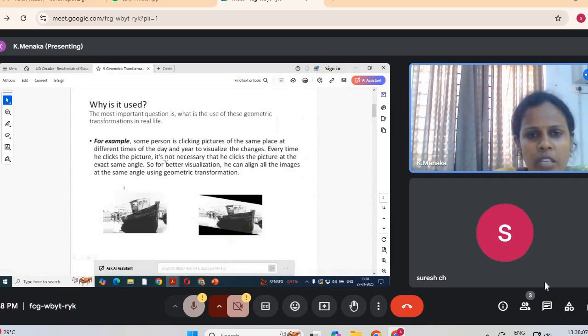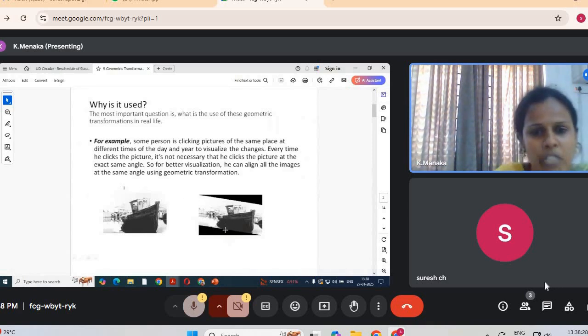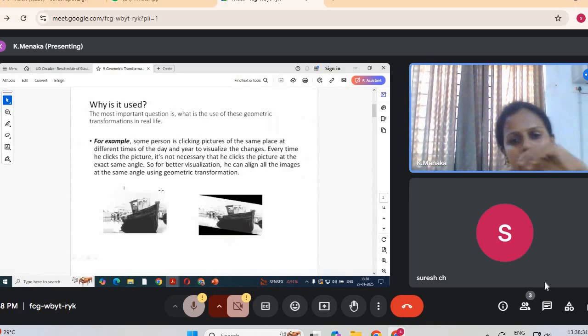It is not necessary that he clicks the picture at the exact same angle. It is the same ship, but the angle is changed. So for better visualization, we can align the first image and the second image using geometrical transformation.